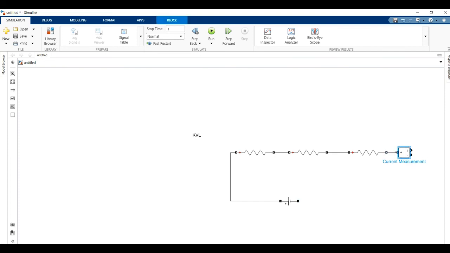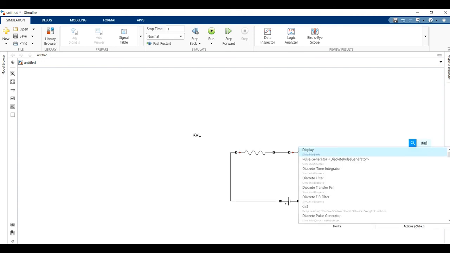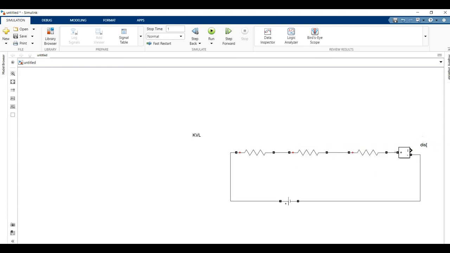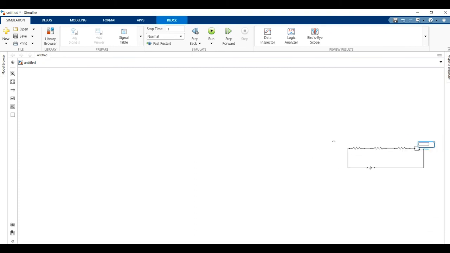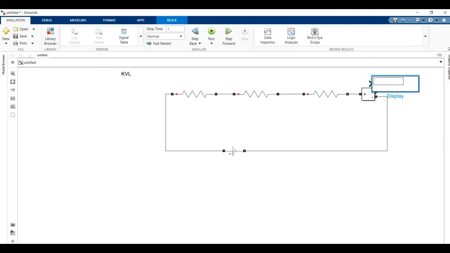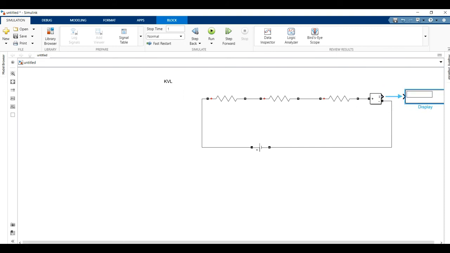And now check the total current in the circuit with a current measurement. So now we have finished the complete closed loop, which consists of the voltage source, resistive element R1, resistive element R2 and resistive element R3. Now keep a display on the current measurement to check the current across the loop.